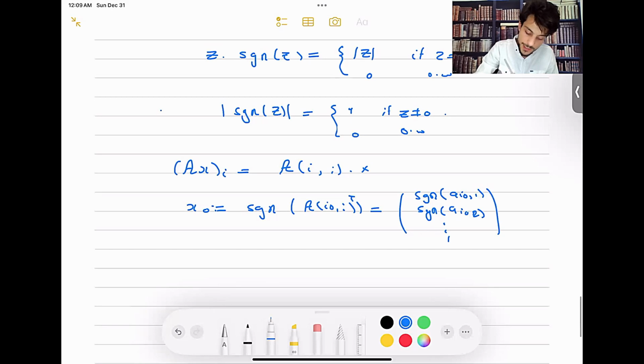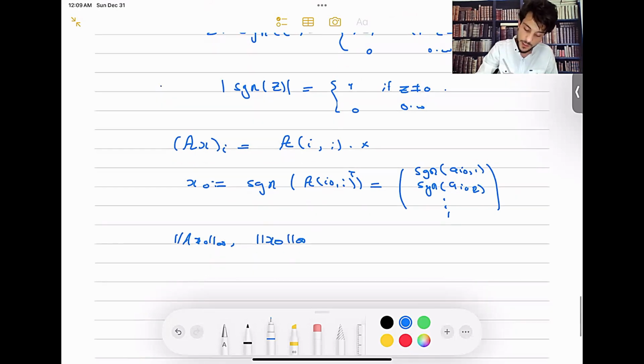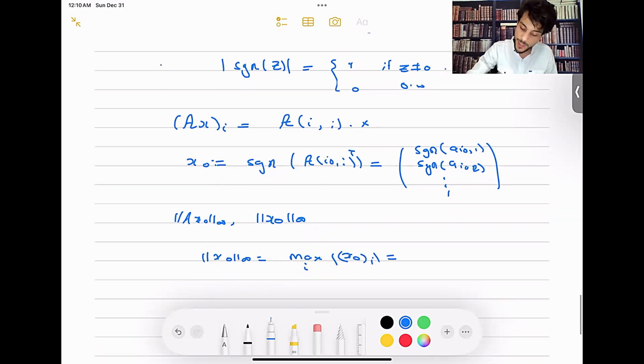So let's analyze what the infinity norm of these two vectors are, because we want to consider the ratio of these. Now, if you look at the infinity norm of x0, you will see that it's the maximum of the entries of x0 in absolute value, and that is just the maximum of signals.